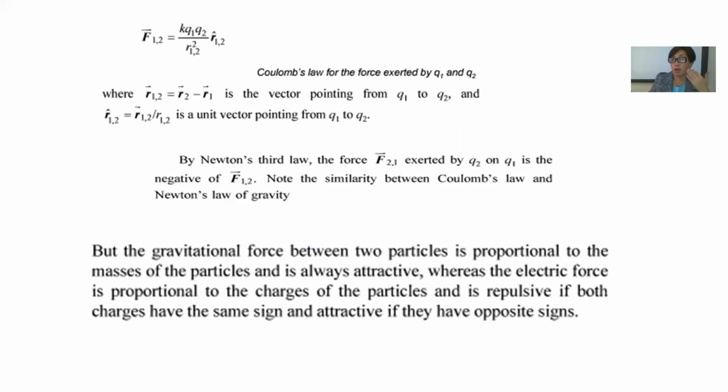We know the gravitational force is proportional to the mass of the particle, and it is always attractive, whereas the electrical force is proportional to the electrical charge of the particle, and is repulsive if both charges have the same sign, and attractive if they have opposite signs.